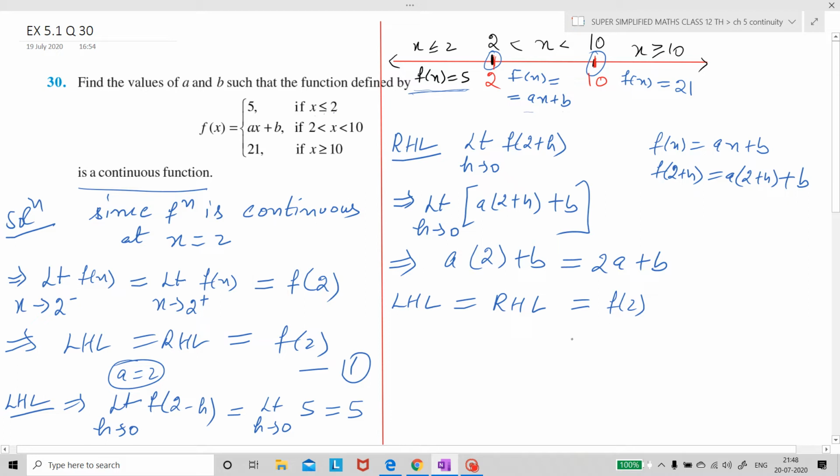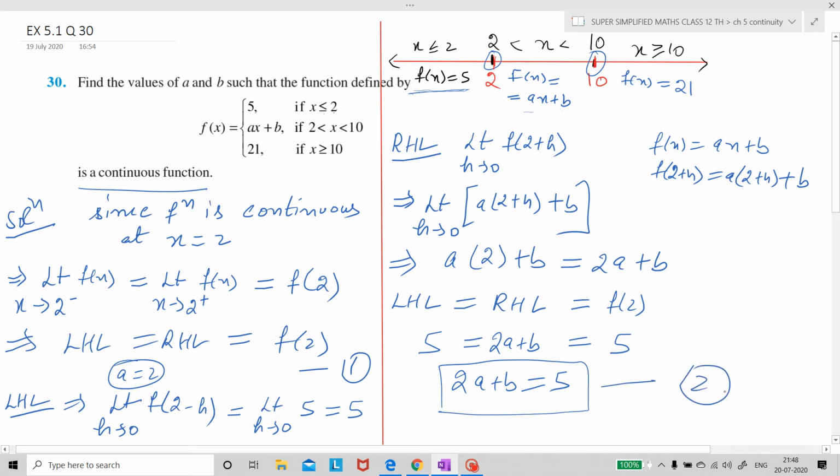So the value of f(2) is nothing but 5. The value of the right hand limit is 2a plus b, and the value of the left hand limit is 5. So the equation becomes 2a plus b is equal to 5. This is the one equation that we have gotten in a and b, and we call it equation number 2.